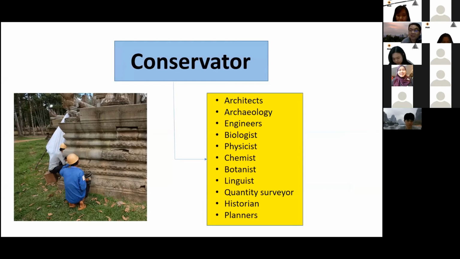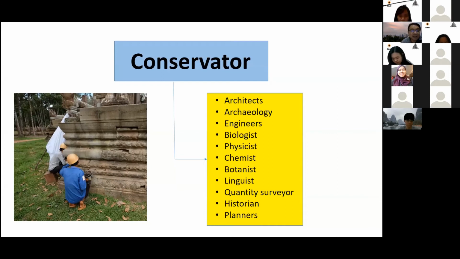You see that these are the people involved in conservation. Architect is just one part of it. The architects are normally the leaders, but you see the range of people. I have not even put in sociologists and anthropologists, who are also involved.